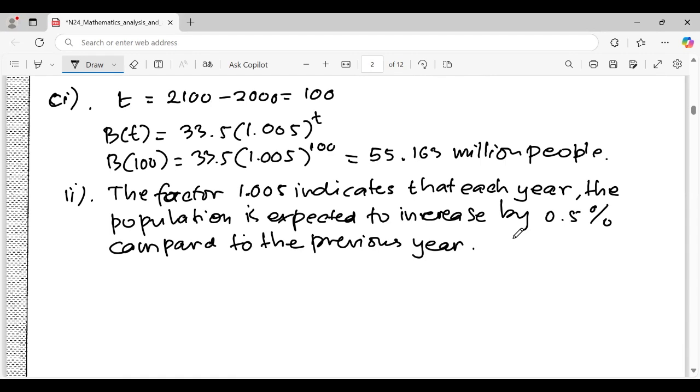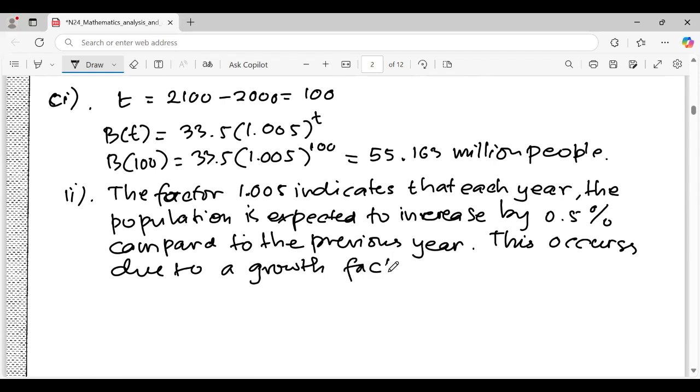This occurs due to a growth factor of 1.005.